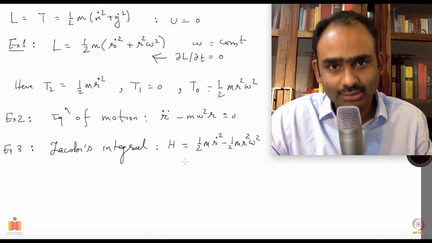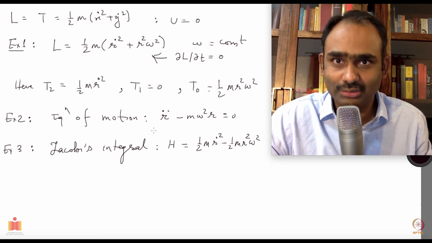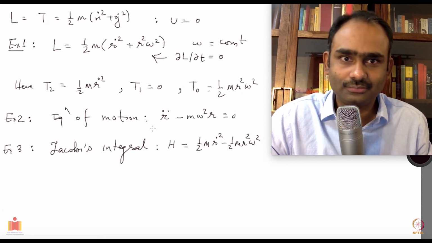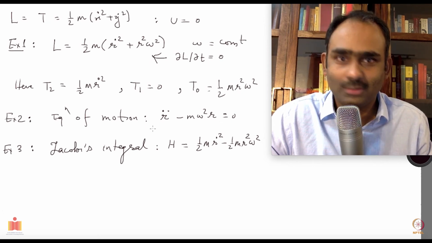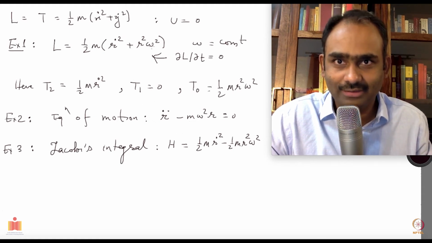Now H is not the total energy of the system, because your total energy was purely kinetic, which was here, right? This is the total kinetic energy. So you have half m r dot square, which is here, but then you have a plus half m r square omega square, and here you have minus half m r square omega square.